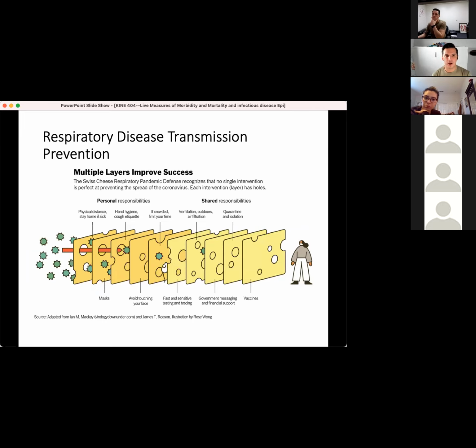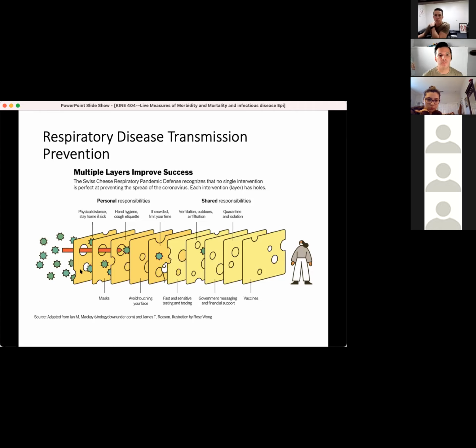When we talk about prevention of infectious diseases, and this figure is particularly for respiratory diseases like COVID-19, no singular prevention measure is 100% effective at preventing spread. Instead, we have to have multiple layers of prevention at both the personal and the shared, environmental, or infrastructural level.